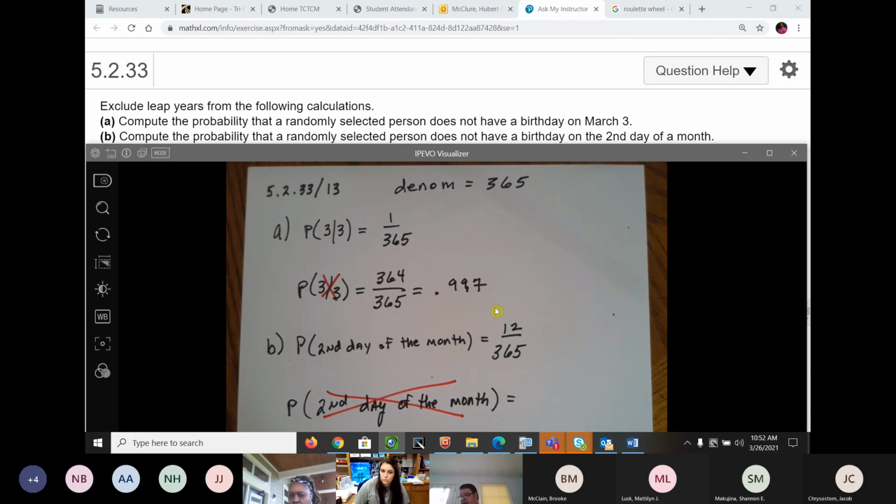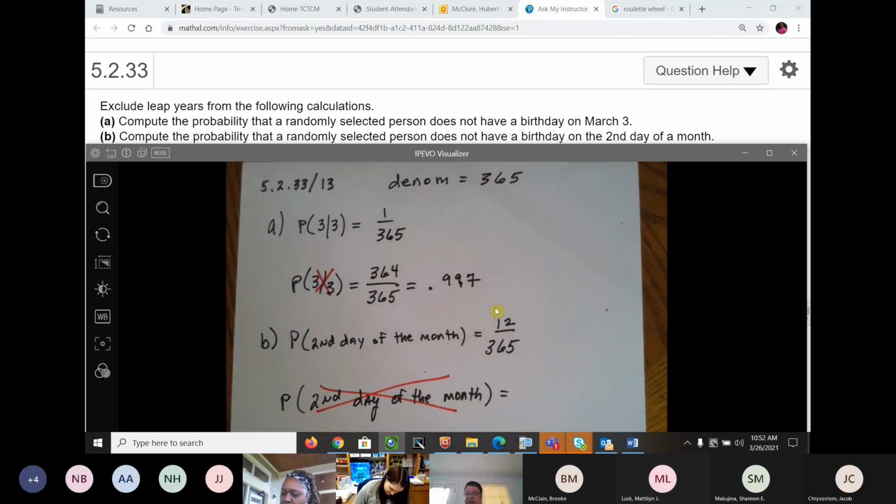Not being born on the second day of the month. Thank you, class. The complement is always going to be the not. If the probability of being sick is 0.5, what's the probability of not being sick? 0.5. The complement is always what makes up the whole.